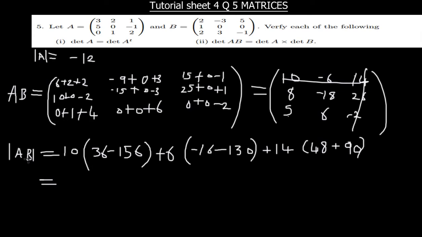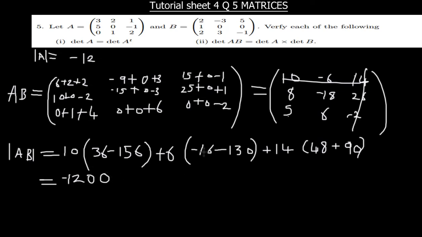So when you subtract negative 36 minus 156, you get negative 120. Then multiply by 10, you get negative 1200. And then we move on to this part.